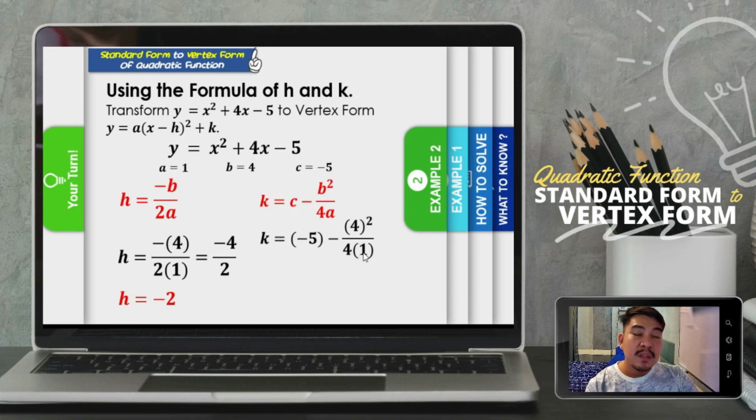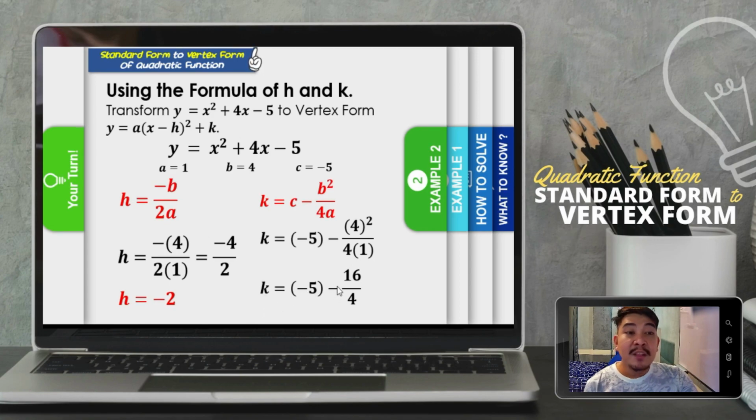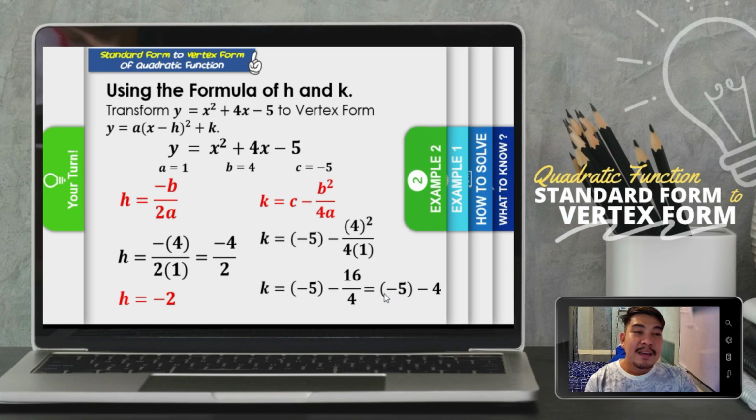Then 4 times 1 will give us 4. So if we are going to simplify, we now have k is equal to negative 5 minus 16 over 4. But 16 divided by 4 is 4. So we now have negative 5 minus 4. The value of k here is negative 9.